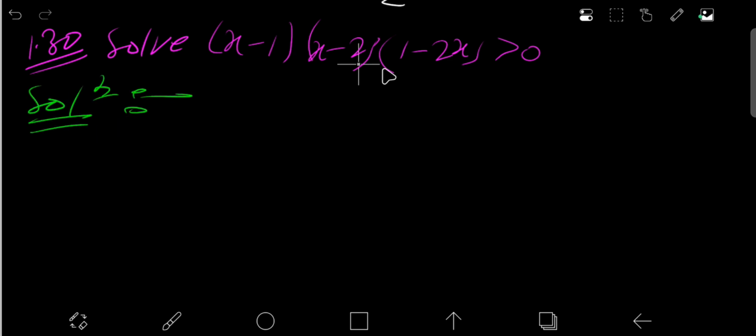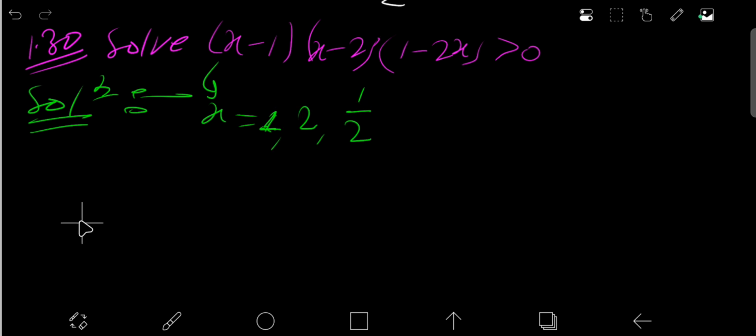In the solution we write this one. From here we directly get the roots: from this one we get 1, from this we get 2, and from here we get 1 by 2. This time we get the roots.